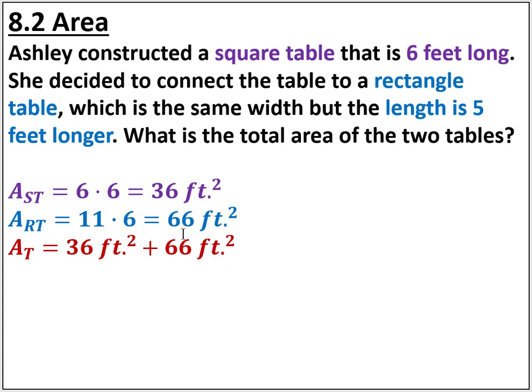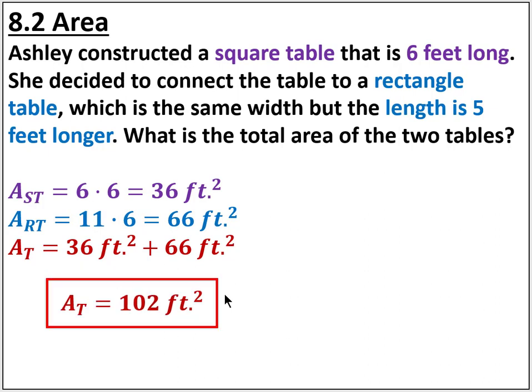Here I wrote the unit in my work. You don't have to, but make sure you have your units in your final answer. So we're going to do 36 plus 66. That's going to be 102 feet squared. So my final answer for the total area of the two tables is 102 feet squared. Here I boxed in my final answer.